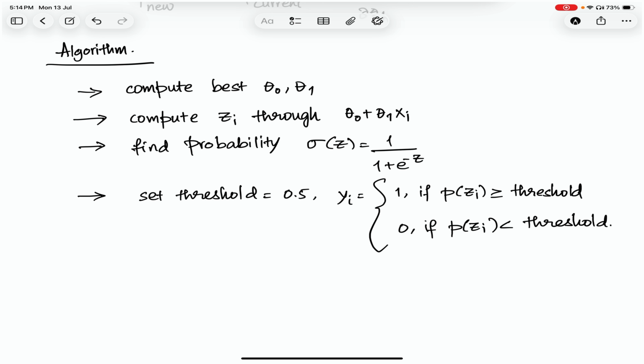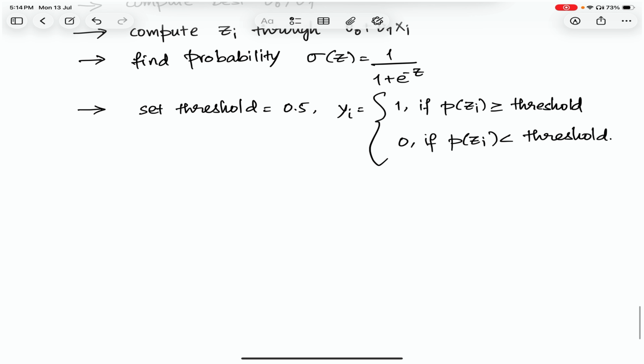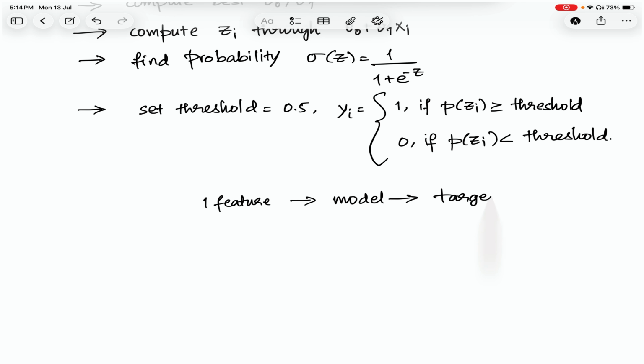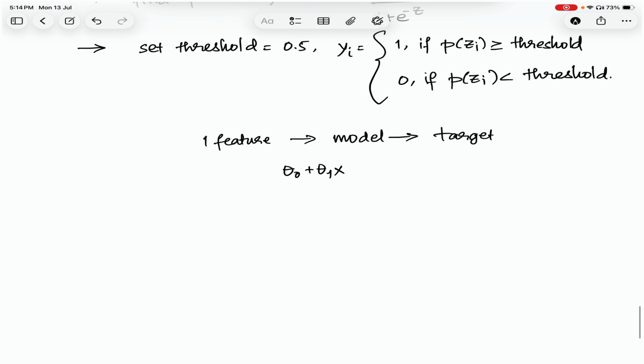And again I have assumed this to have one feature and one target. So you have the linear equation to be theta 0 plus theta 1 x, and for n number of features you'll have theta i, with i going from 0 all the way to n.